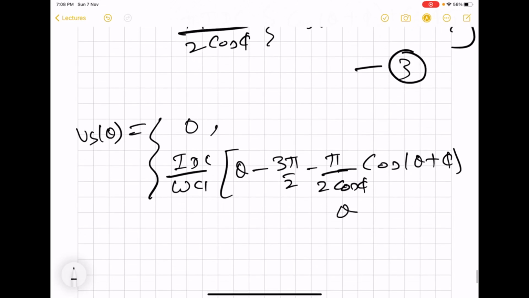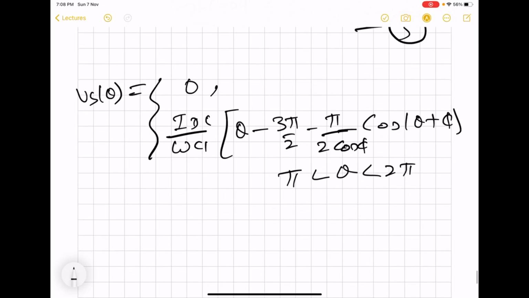So this is going to be for the second half. And one can expand this cos theta plus phi to get yet another equation.